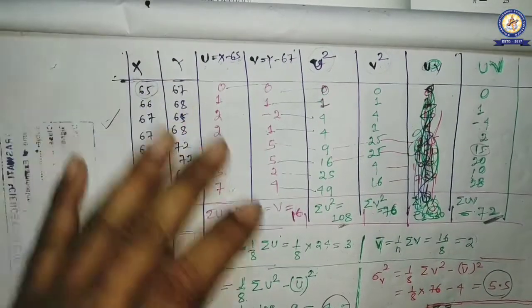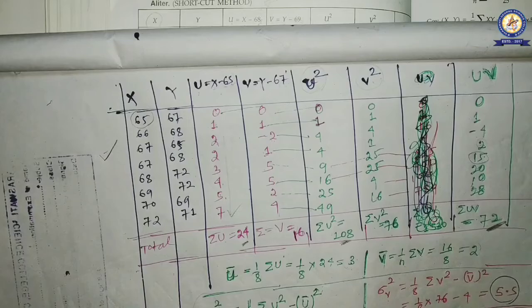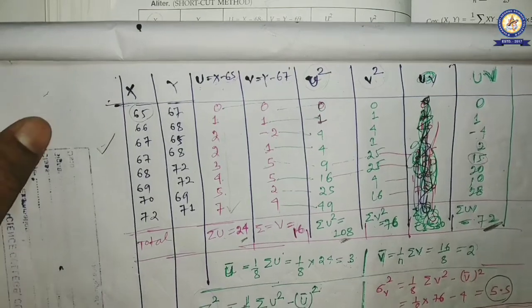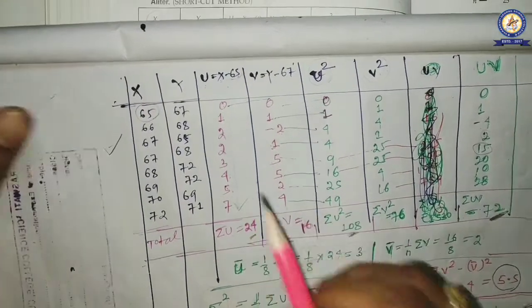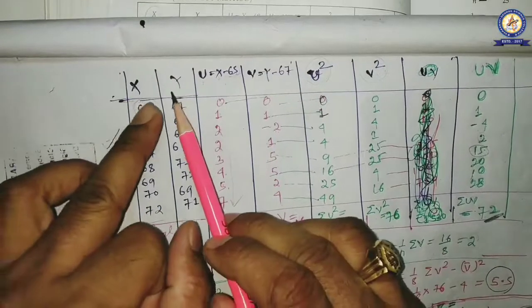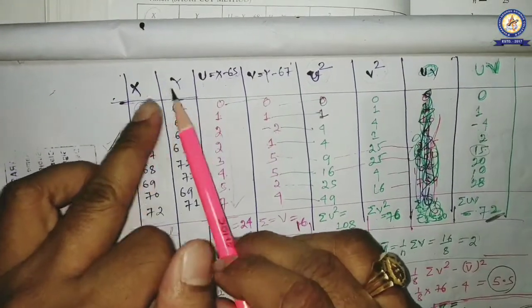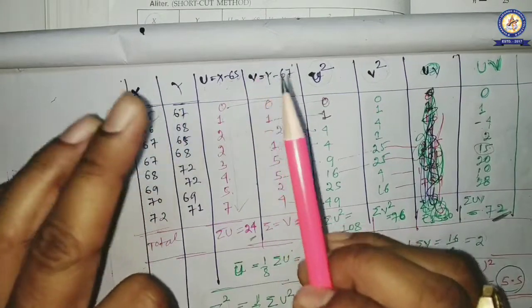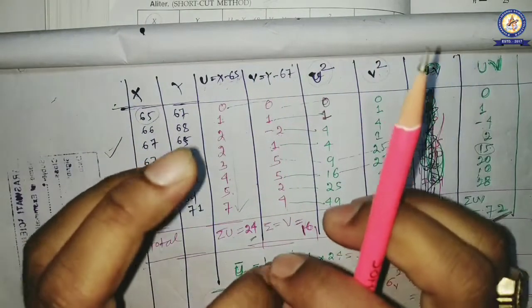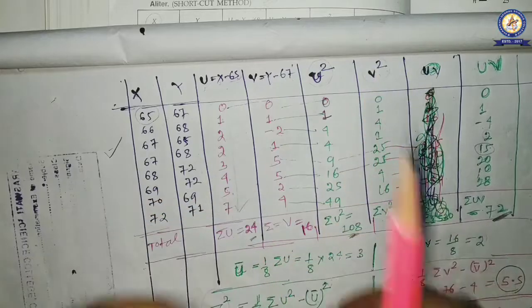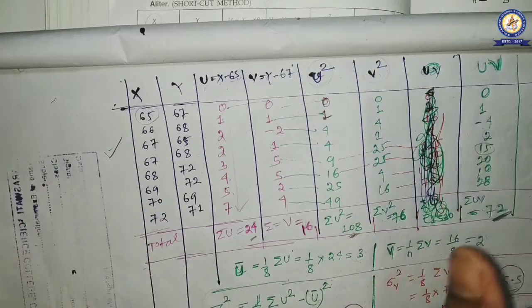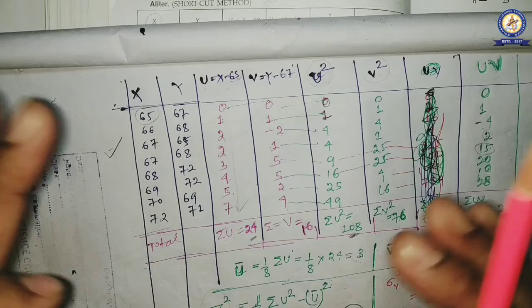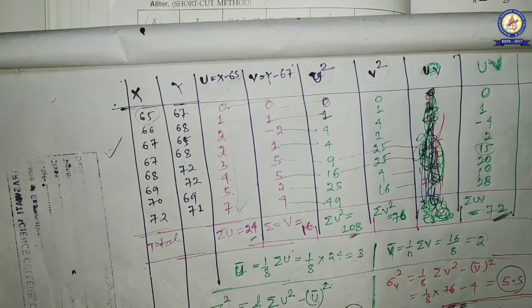That means scale factor and origin you can take as anything, but you have to keep in mind that we have to transform x to u and y to v in such a way that our calculation is reduced and becomes easy. It will save our time in the exam.